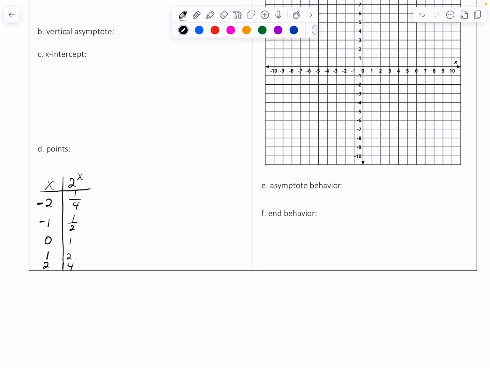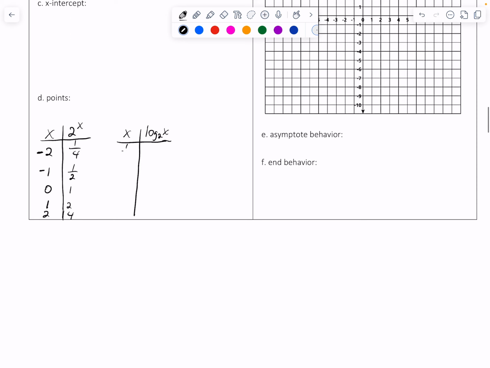All right. Now to move to the next step, for the log function, log base 2 of x, I am going to switch the x and y. It is the inverse of that 2 to the power of x. And this is the process I want you to do in class. Okay. So now the last step.